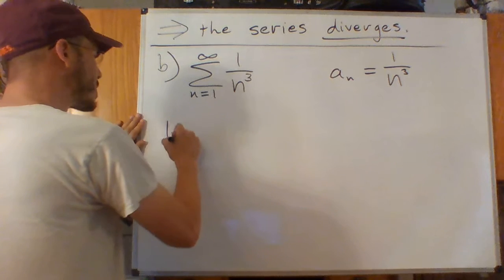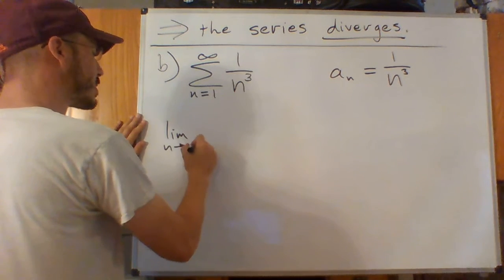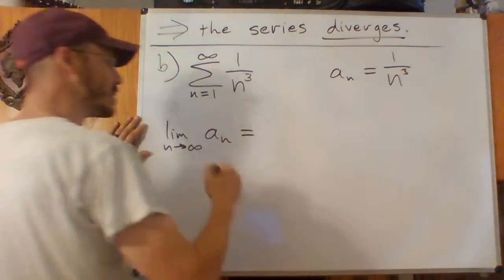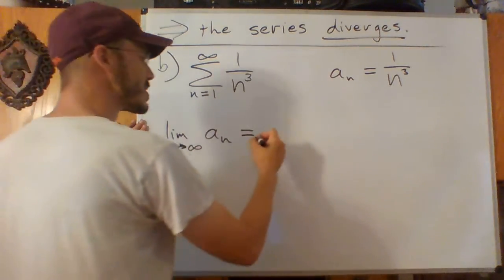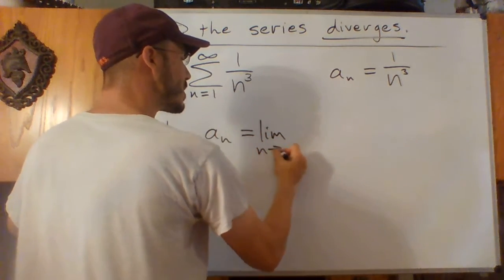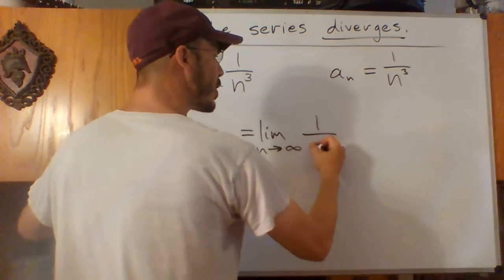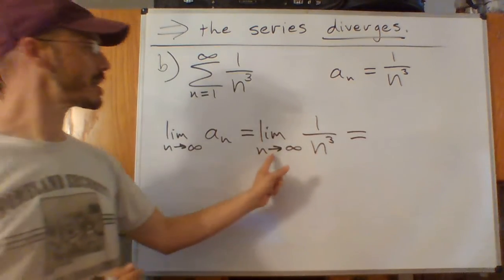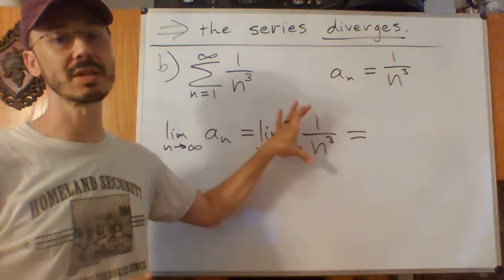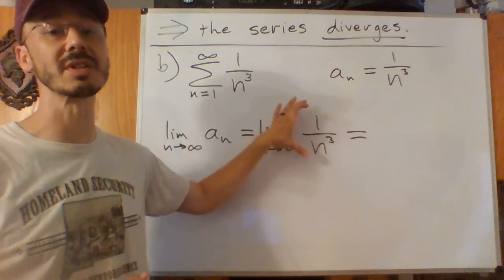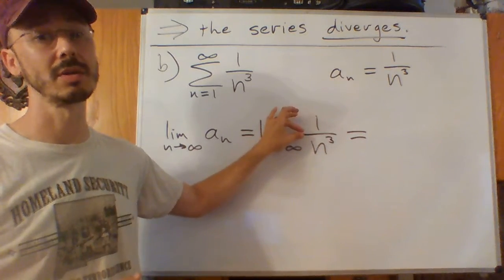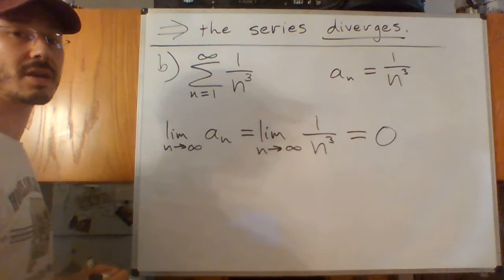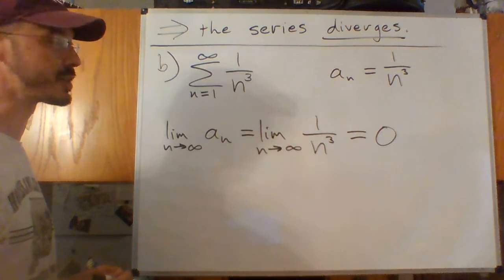But what we really want to look at is the limit as n goes to infinity of a_n. This is the process of using the divergence test. This is the limit as n goes to infinity of 1 over n cubed, which is, as n gets larger and larger, this denominator gets larger and larger, but this expression gets smaller and smaller, with a limit of 0, and this doesn't really tell me anything.